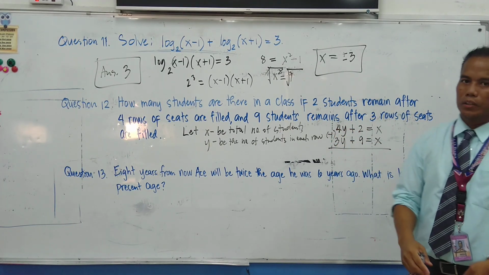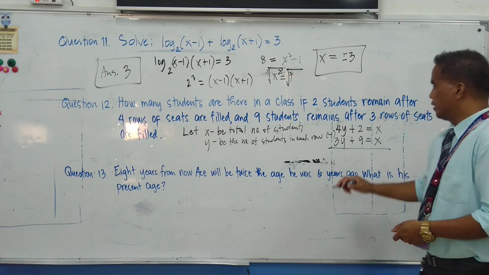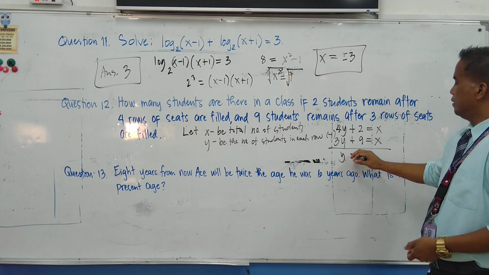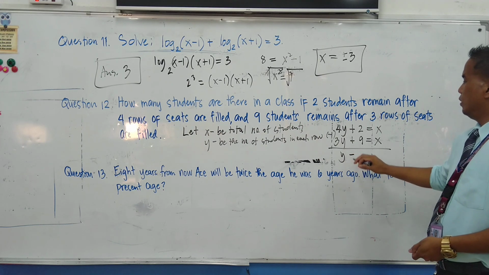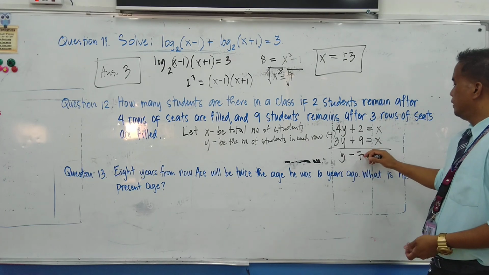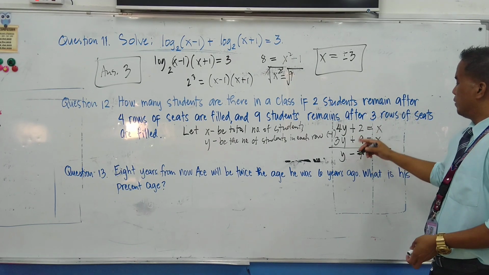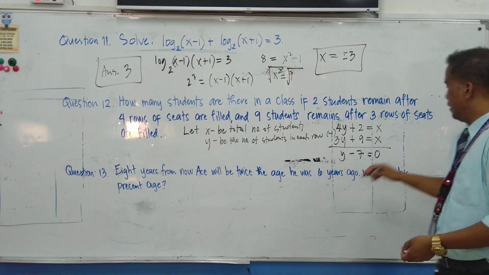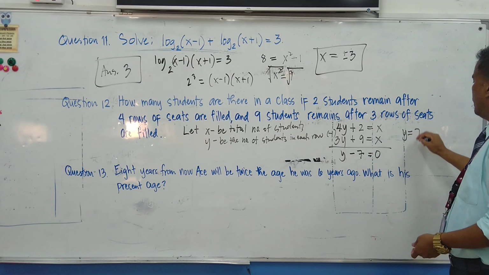So 4y minus 3y is equal to y. Then 2 minus 9 is equal to negative 7. Then x minus x is 0. Therefore, y is equal to 7.